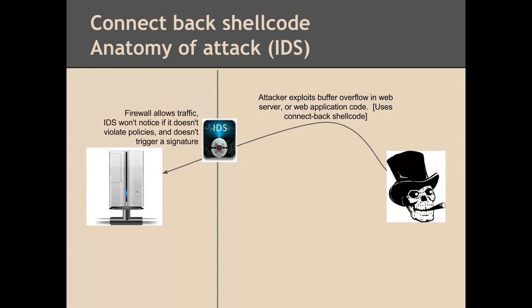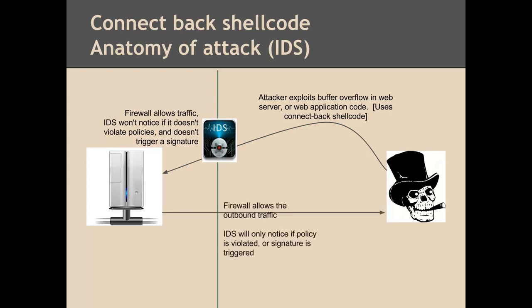The firewall would allow the traffic. The IDS wouldn't notice if it doesn't violate any policies and doesn't match any signature. You may be able to just alter the signature by adding NOPs in randomly, and that may be sufficient to throw off dumb signature-based detection systems. And then what would happen is, once the exploit is landed, the target would attempt to connect back to the IP and port specified by the attacker, and the firewall would allow the outbound traffic.